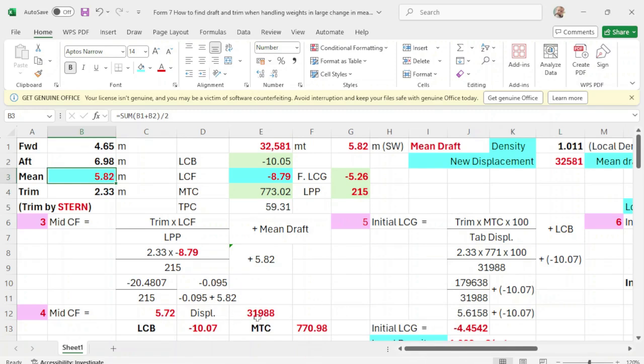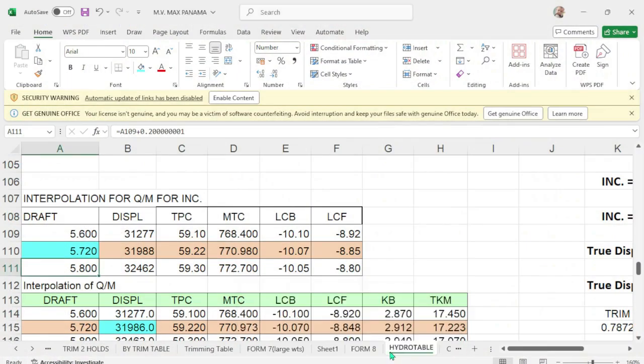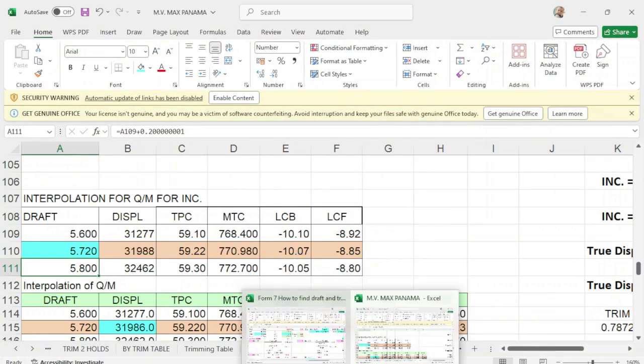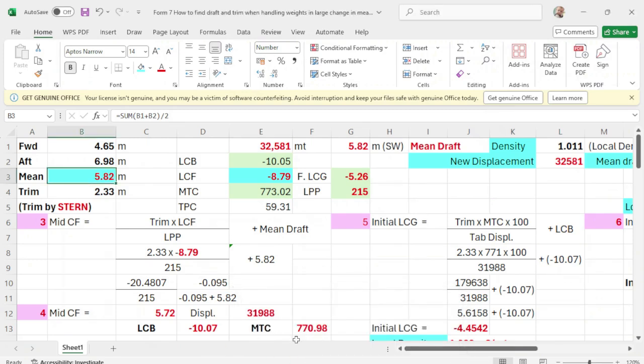What is the LCB and MTC? So LCB is negative 10.07. And your MTC is 770.98.